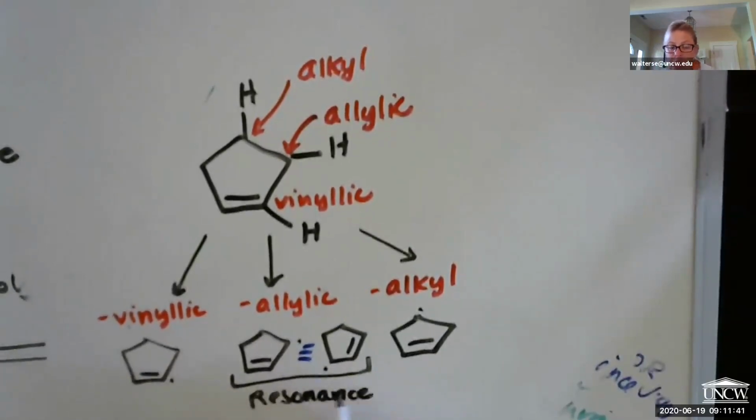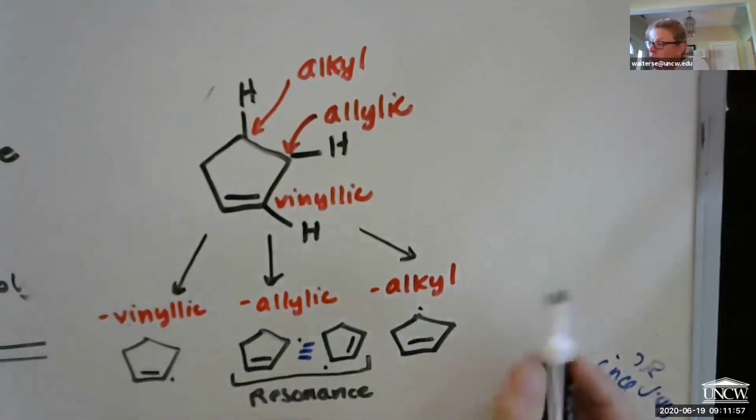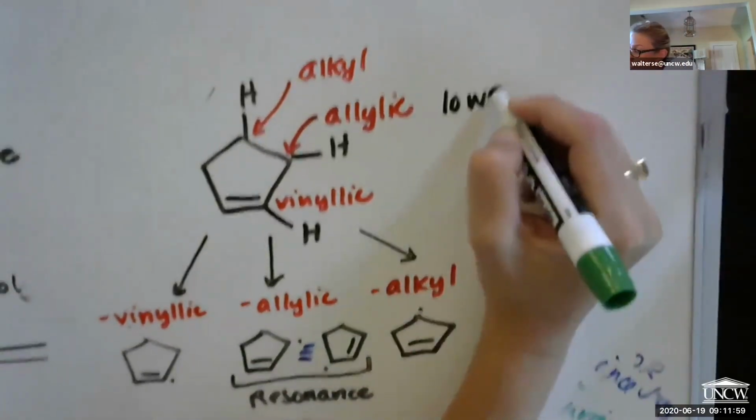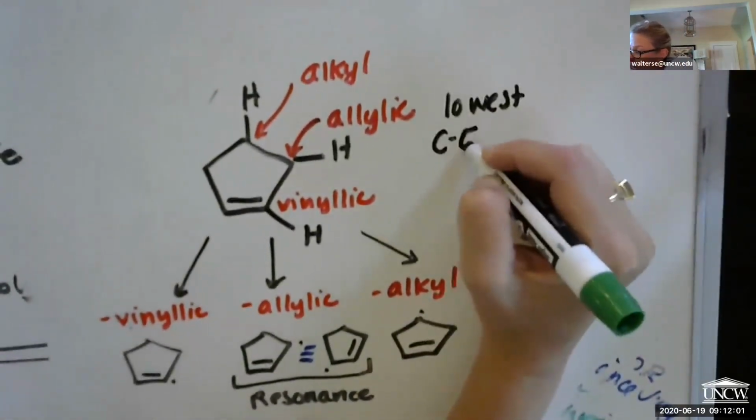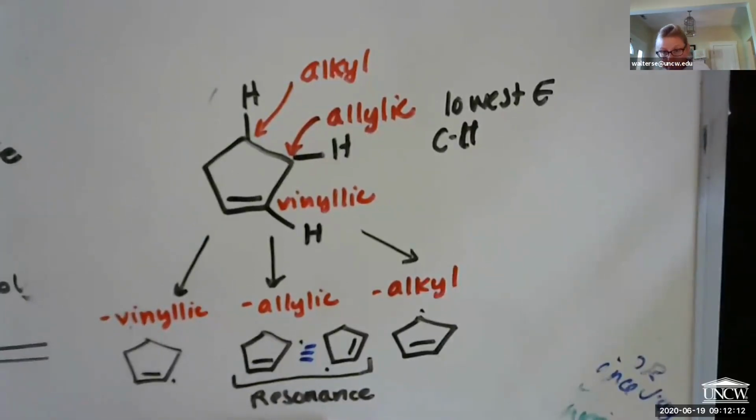Since the allylic radical is resonance stabilized, the energy requirement to get here is low compared to the other 2. So this would be the lowest energy carbon to hydrogen bond because it's the easier product to make, and the product happens to be resonance stabilized.